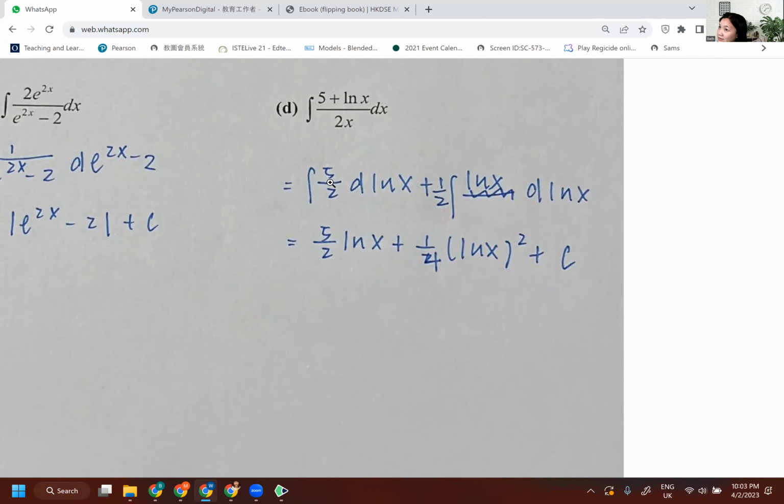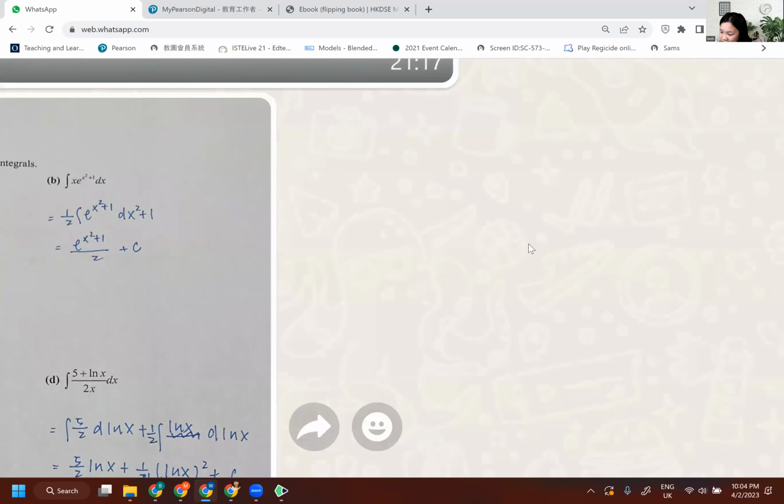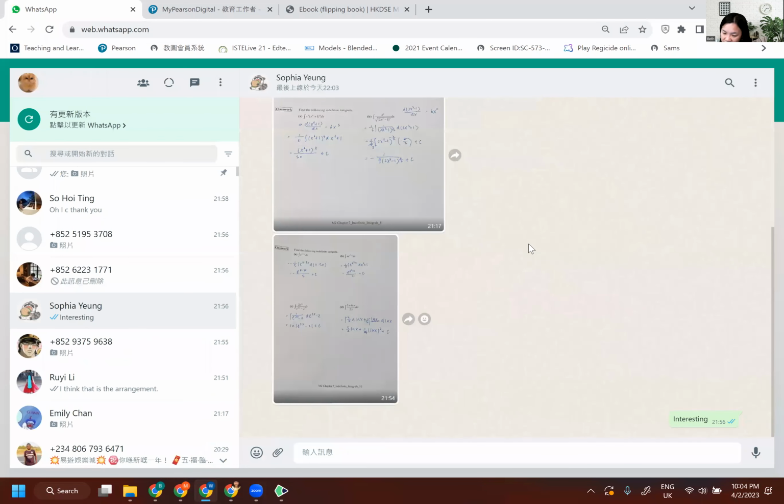Now, Sophia, you should look at Sophie's answer, and Sophie, you should look at Sophia's answer. Both of you are correct. You see, this is one term, this is another term, and then you just integrate each term, and this is the final answer. Whereas Sophie's answer, May's answer and Cindy's answer are not separated.